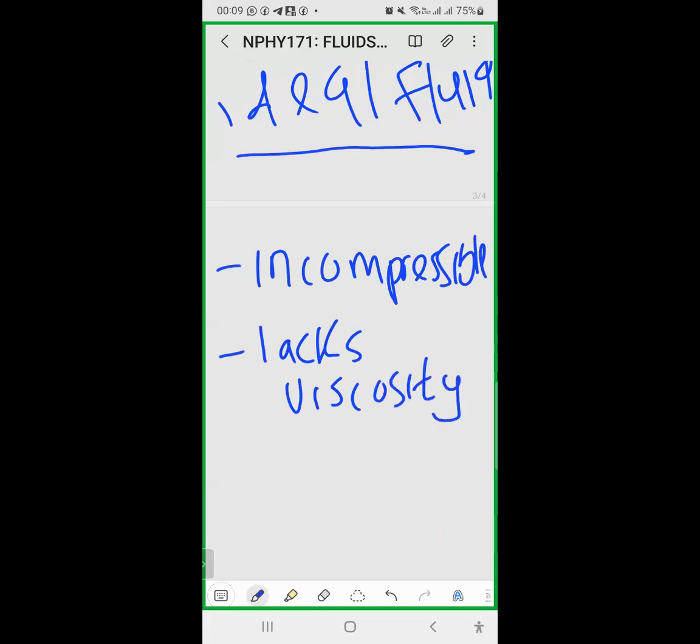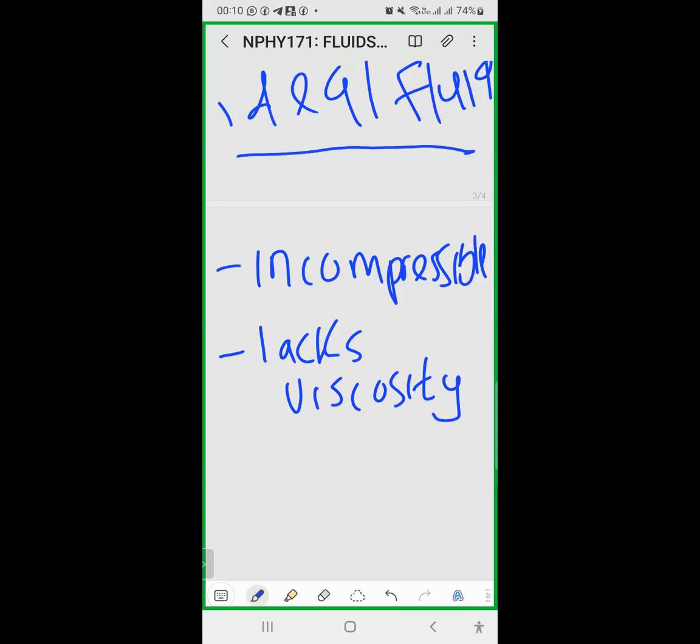Viscosity refers to the thickness of the fluid. I can use honey as an example. Honey has more viscosity than water, because when you pour honey on a table and water, the honey will move at a slower speed, unlike water.